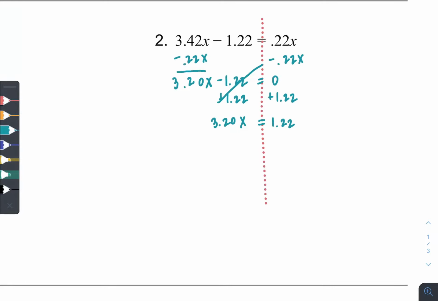Next, we want to undo any multiplication or division. So right here I have multiplication. To undo multiplication, I divide. So I'm going to divide by 3.20 on both sides.